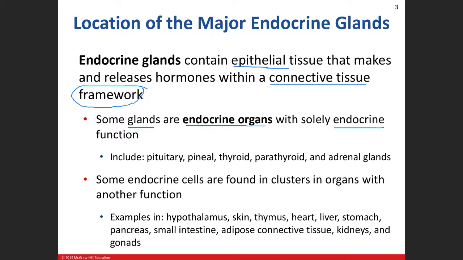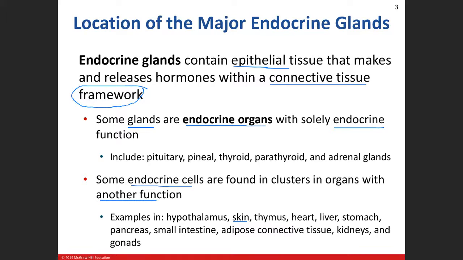Then we have endocrine cells that are going to be found clustered in organs throughout your body. And those organs that they're found in have other functions. Like your skin, for example, has many other functions than the endocrine functions, of all the different tissues that are in your skin. Think of all the functions that skin serves.